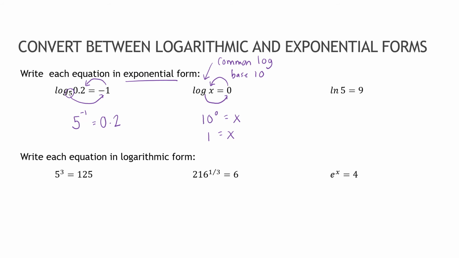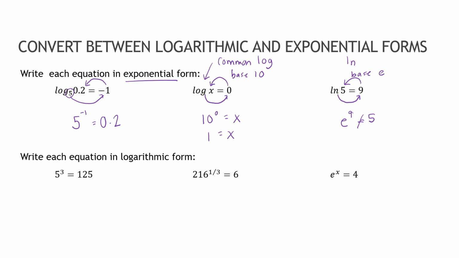You get the idea. Same thing with natural log. We haven't talked about this, but a natural log function always has a base of e, because a natural log function goes with a natural exponential function. So this one would be e to the 9 equals 5, which is not the case, but I'm just giving us one to practice.